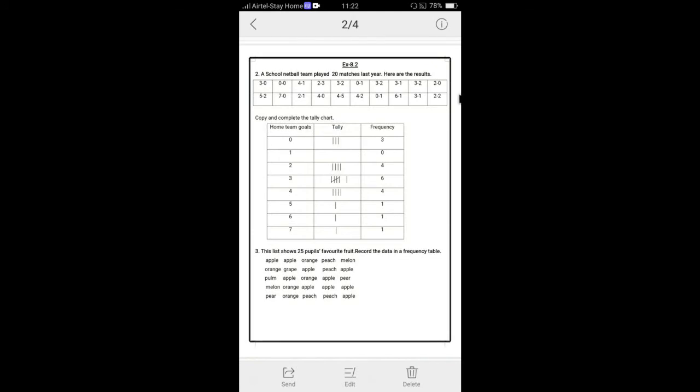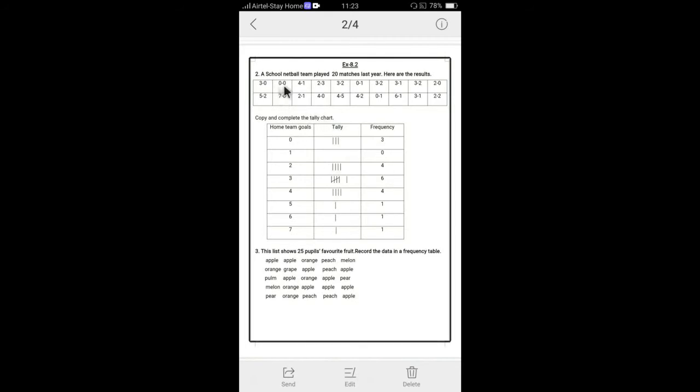Whenever you complete the tally chart, you have to confirm that in your book they have already written 0, 1, 2, 3, 4, 5, 6, 7. It means you have to work out what your answer should be, with tally marks. Check for the score 0: your score is 0 in 1, 2, 3 matches. That's why for score 0 they have given frequency 3.